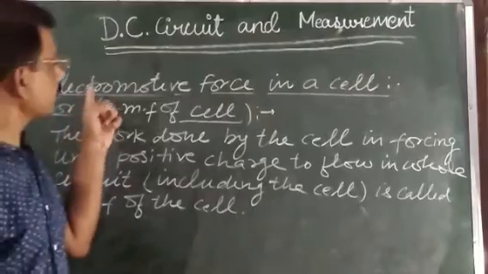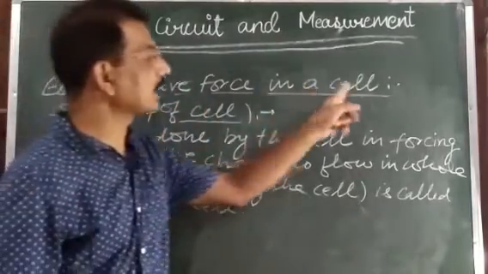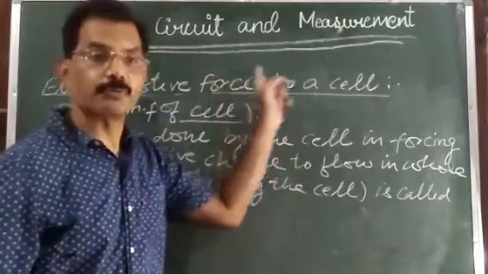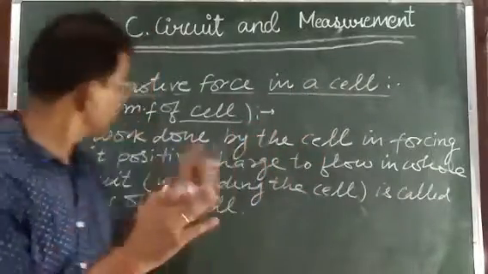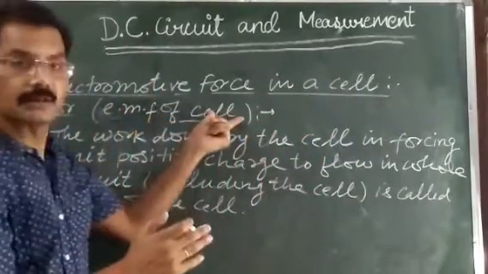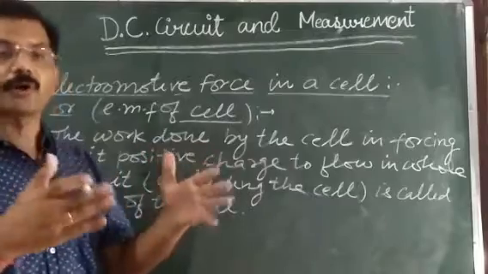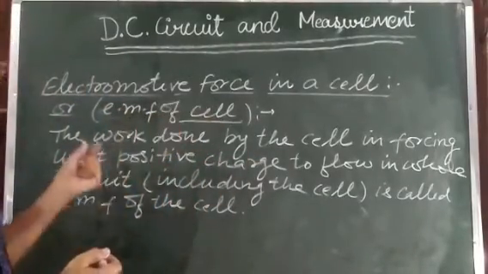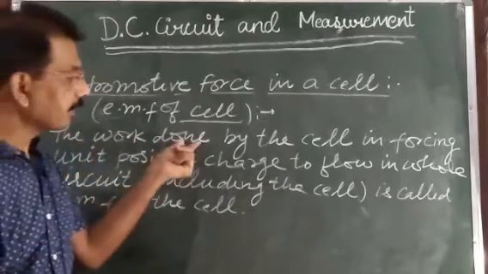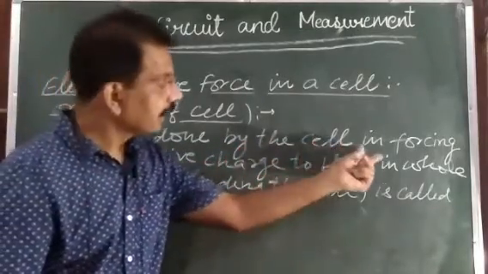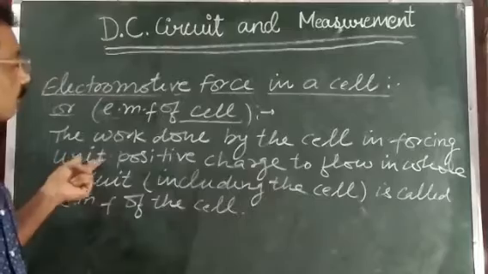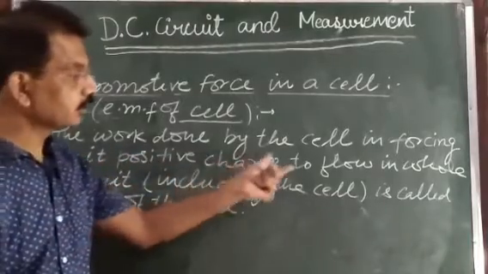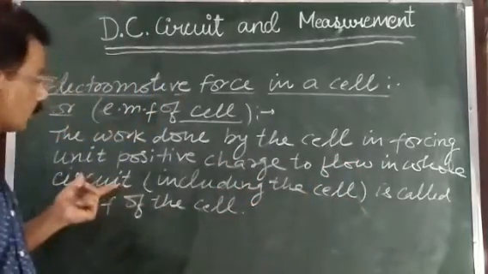Now, the next topic is electromotive force in a cell, also called the EMF of a cell. The first question is, what is the EMF of a cell? The EMF of a cell is defined as the work done by the cell in forcing a unit positive charge to flow in the whole circuit.